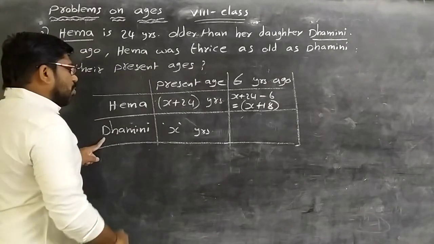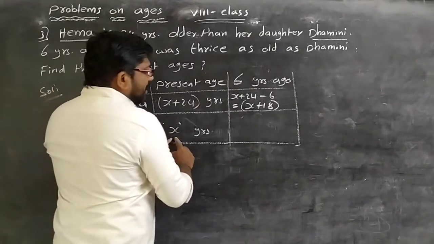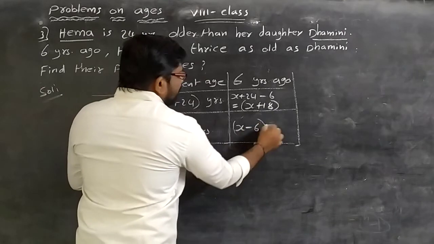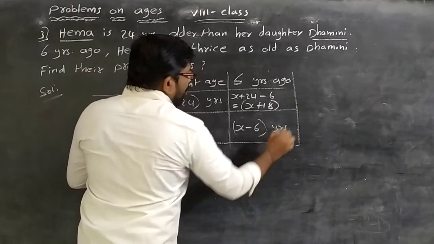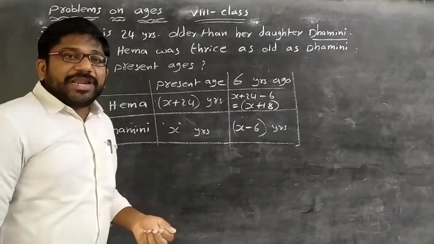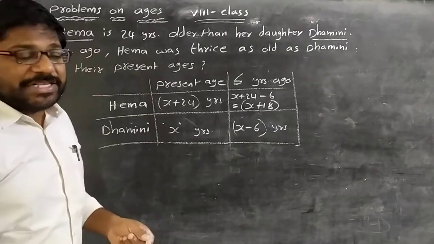And 6 years ago, Damini's age: present age is x, 6 years ago, x minus 6, right? So "ago" means we subtract the particular years from the present age, okay?